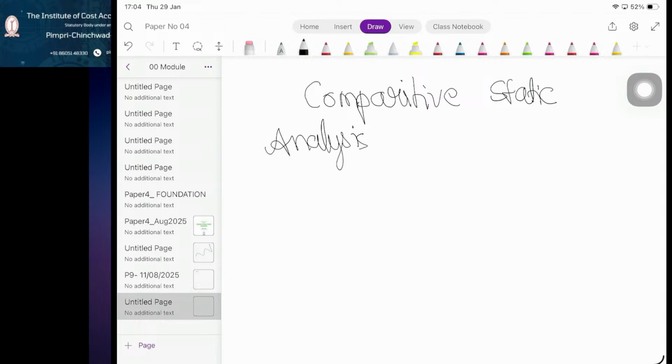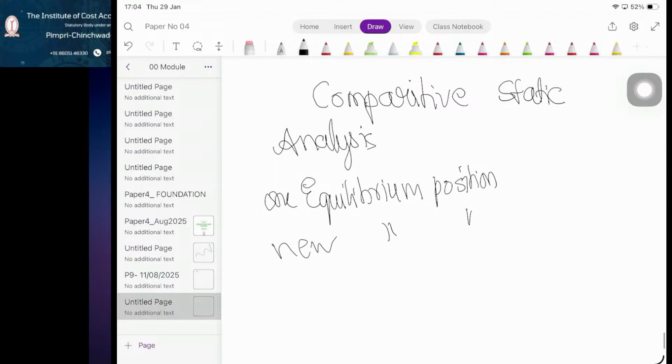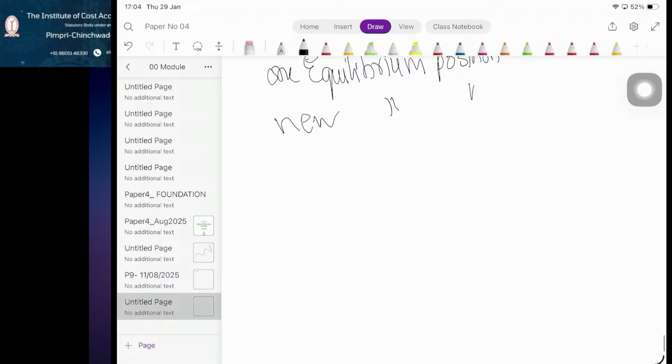Okay, that is, from one equilibrium position, we will look at the new equilibrium position. So let's try to do that in a competitive market.